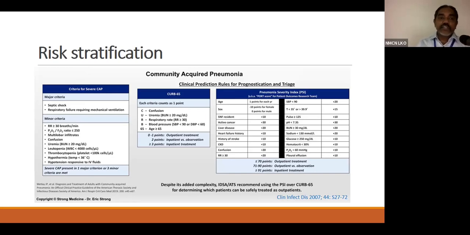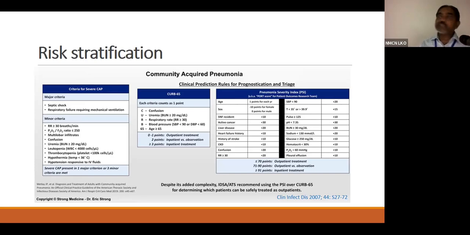That is called risk stratification, for which some criteria have been laid down by the American Thoracic Society and IDSA together, with major and minor criteria. The presence of one major or three minor criteria, to the extreme left of your screen, tells you that the patient has severe community-acquired pneumonia and fulfills the criteria for admission to the ICU.